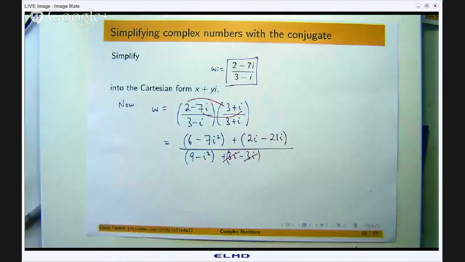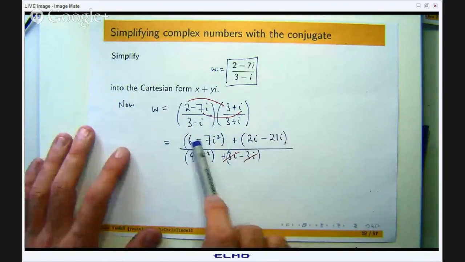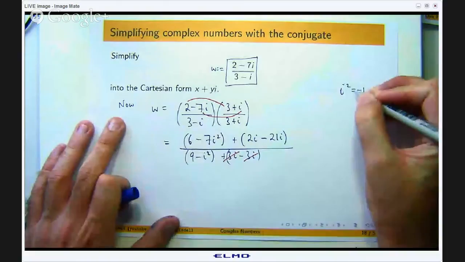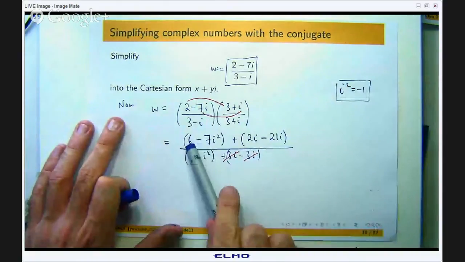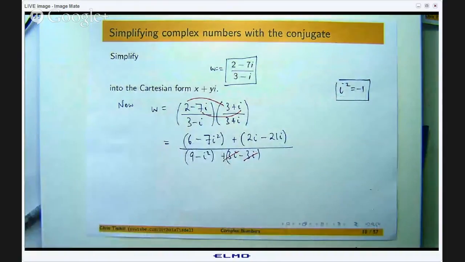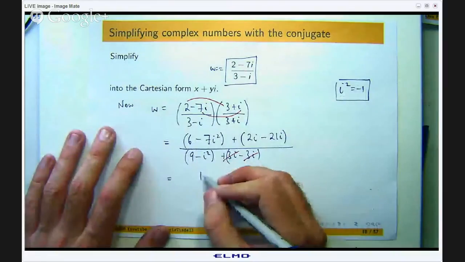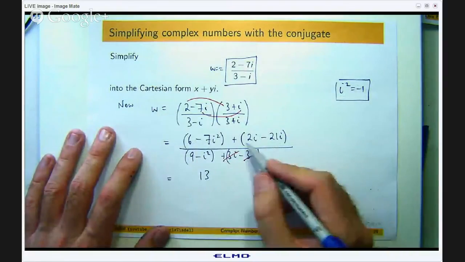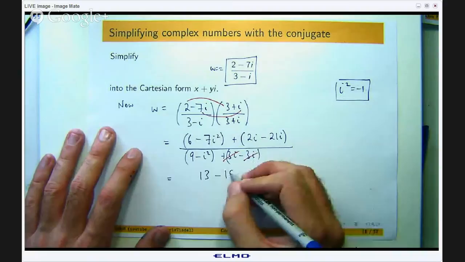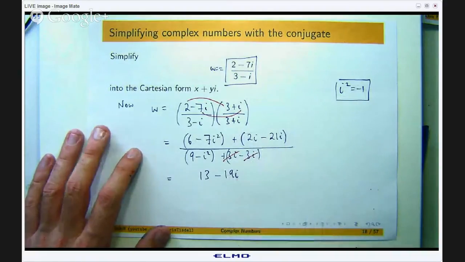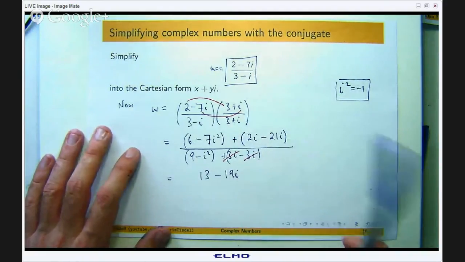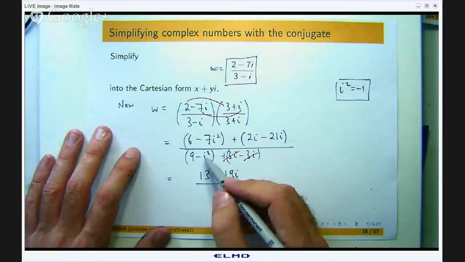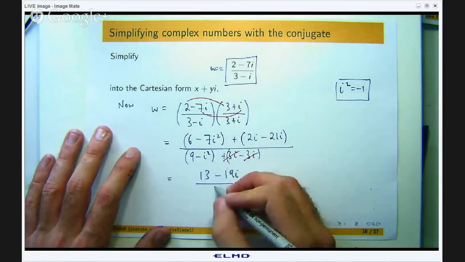Okay, so here I've got, remember, i squared equals -1. So here I'm going to get 6 plus 7. So 6 and 7 is going to be 13. Over here I've got -19i up there. And down the bottom I'm going to have 9 minus -1, which is going to be 10.